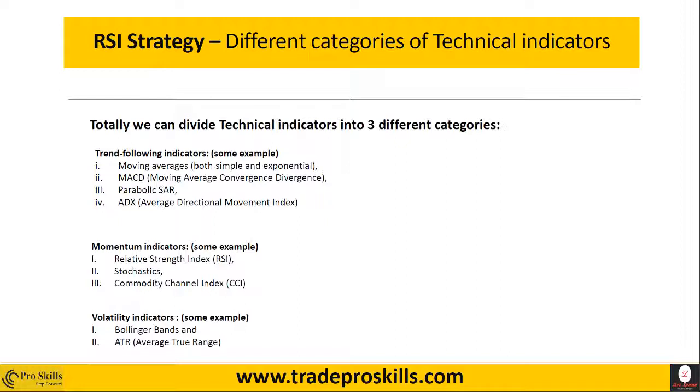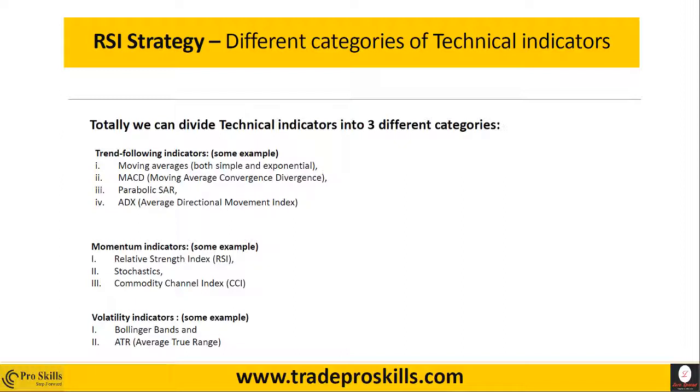Totally, we can divide technical indicators into three different categories. Trend following indicators, with examples like moving average, which we call MA, and MACD, moving average convergence divergence, and Parabolic SAR and ADX, average directional movement index.